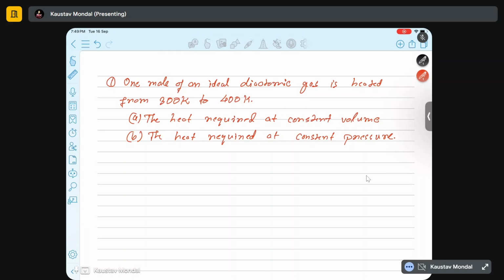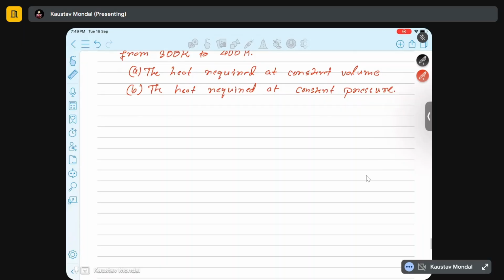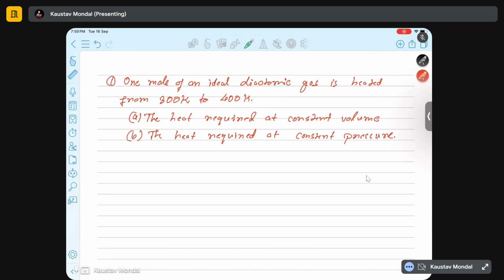The expression of QV: in the question it is mentioned that 1 mole of ideal diatomic gas is heated from 300 to 400 Kelvin.